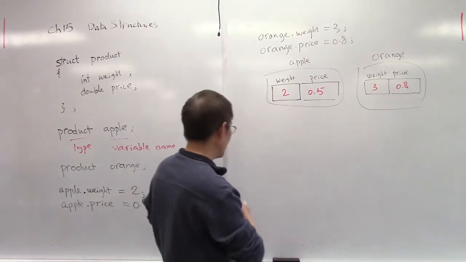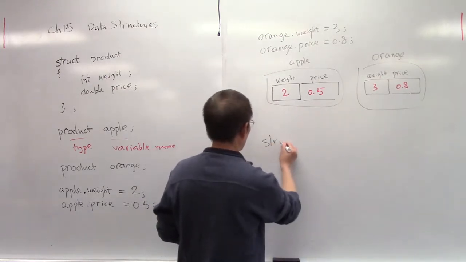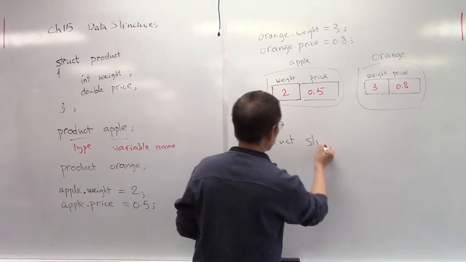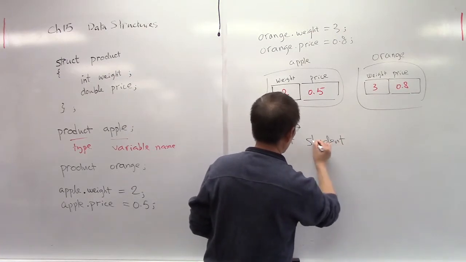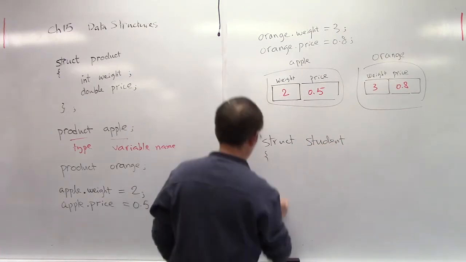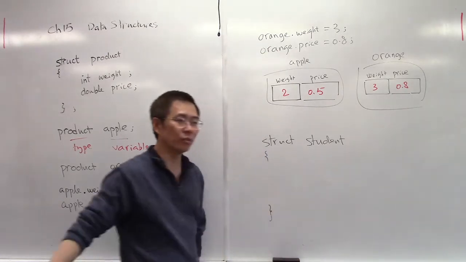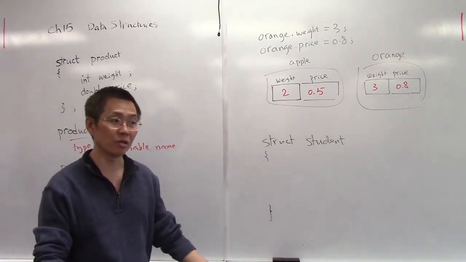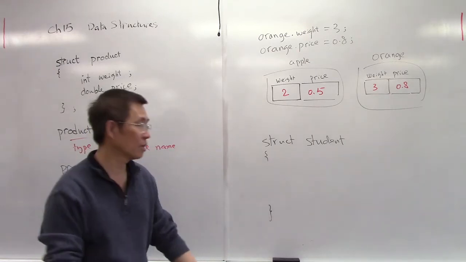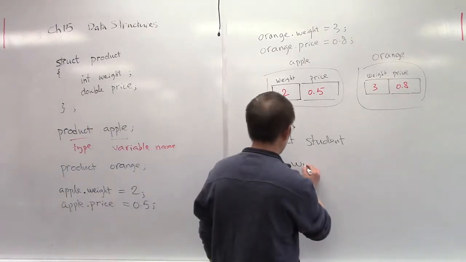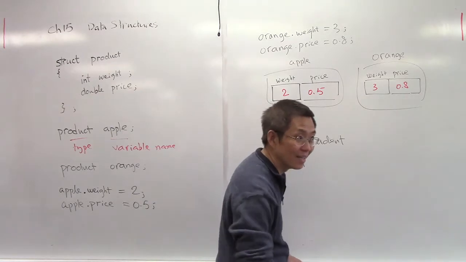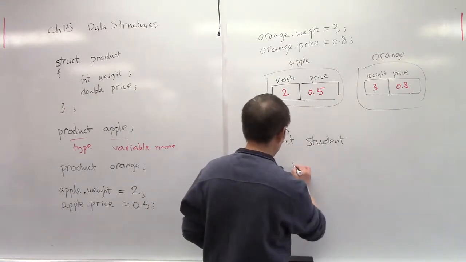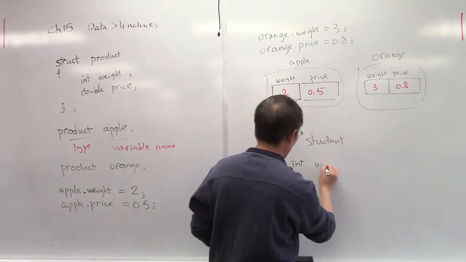So you can say struct student. All right, what do you think we should put inside the student? Some useful information about the student, right? What about wildcat ID, right? That's of the integer type, WID.